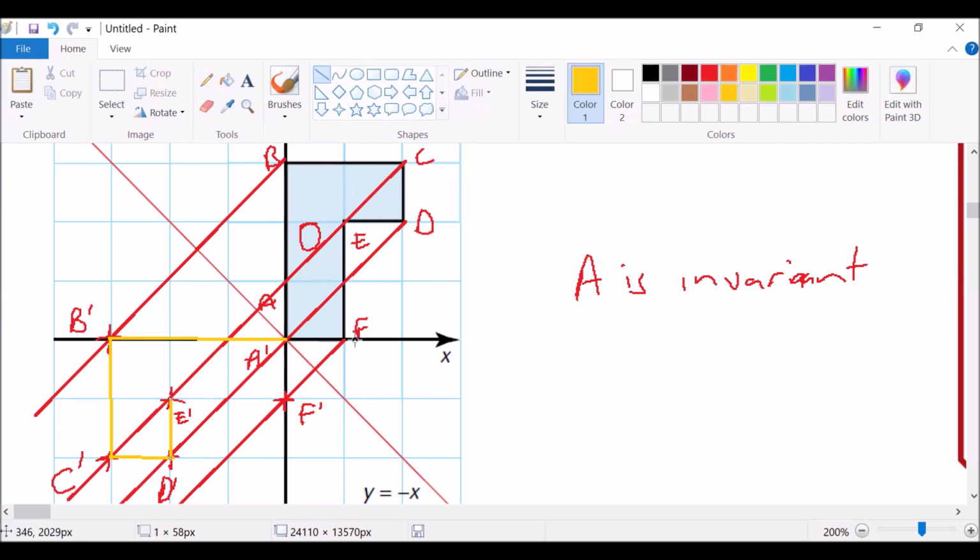E is joined to F, so E bar will join to F bar. Then we have A joining to F, so A bar will join to F bar. So that in orange is our image. So our object has been reflected into this line to form this image. And as we have said, A is invariant.